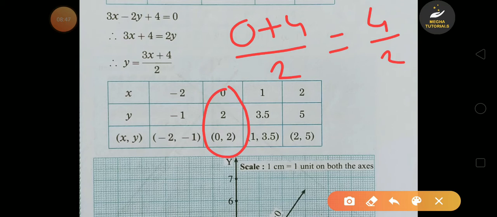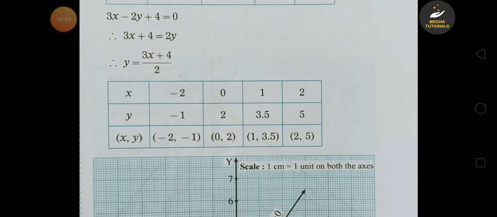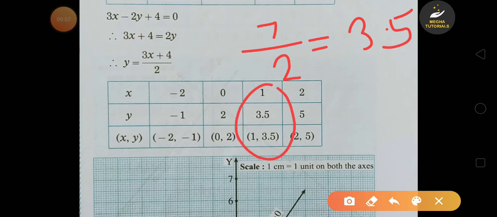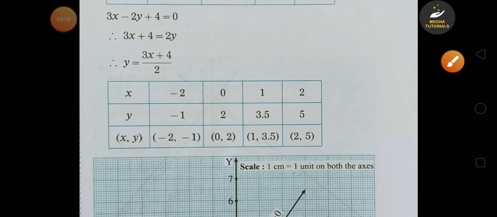Okay, always first x comes, then y comes. Then let us assume x is equal to 1. Okay, so 3 1s are 3, 3 plus 4 is 7. And then 7 upon 2, so it comes 3.5. Okay, so next ordered pair is 1 comma 3.5. Let us assume x is equal to 2.